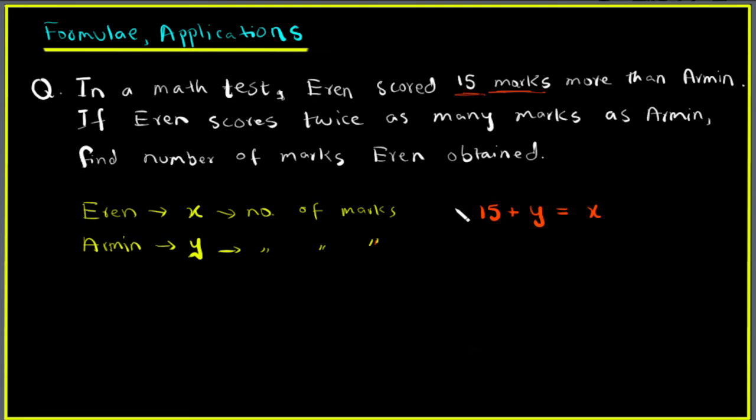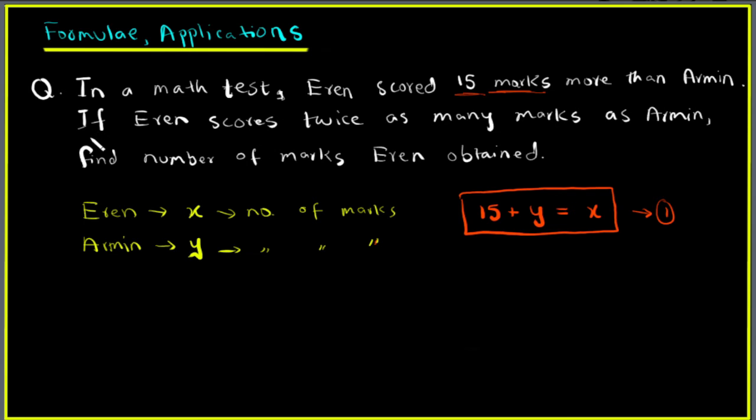So the algebraic equation would look like this: 15 plus Y is equal to X, because 15 is the number of marks that Aaron gets more than Armin. If you add the marks of Armin to 15, you get the marks of Aaron. We can label it as equation 1.